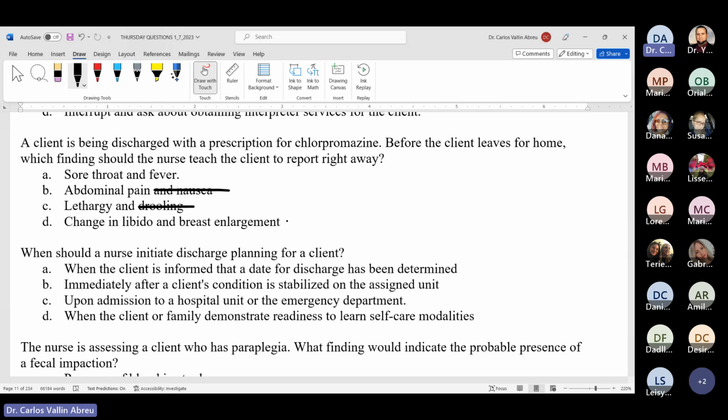The one that produces this effect is haloperidol. Haloperidol is another typical or old antipsychotic medication, but it's another family, the butyrophenones.